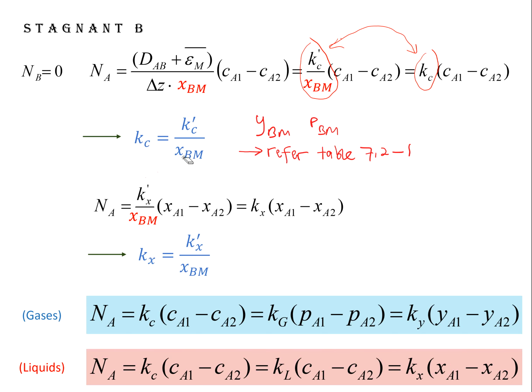We also have the terms YBM and PBM. Where the YBM and PBM are correlated to, you can of course refer to Table 7.2-1. So I hope that you can do this on your own.